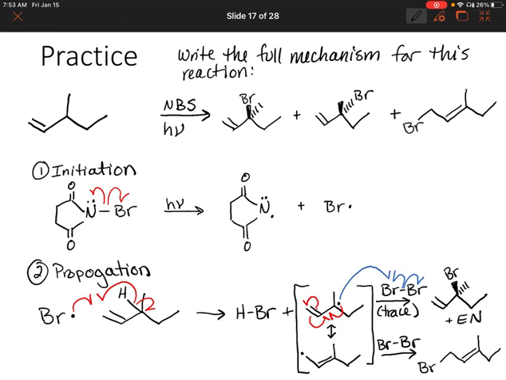Now, which products would be our major products and which ones would be our minor products? If we look at the stability of our resonance structures, the top resonance structure is more stable because it's on a tertiary carbon. Our bottom resonance structure is a primary radical, so that's less stable.